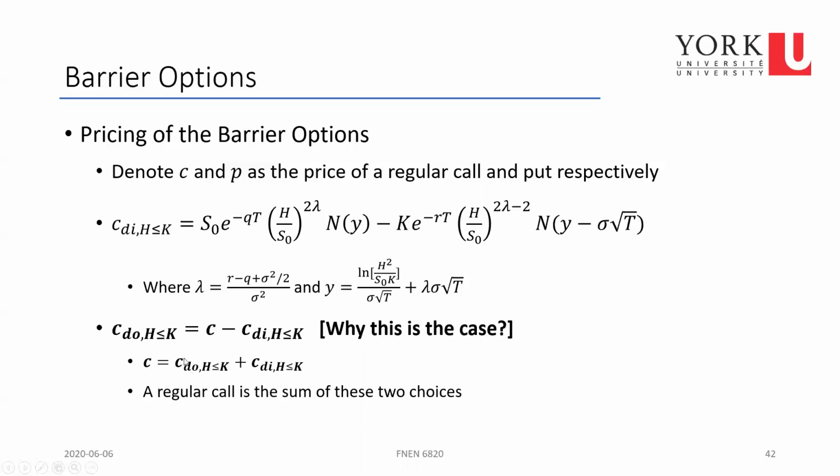So you put them together, you actually form a regular call. Put another way, a regular call is just basically a sum of these two options. One is down and out, one is down and in. So with this particular barrier, it's either in or it's out. Those two are complementary to one another.